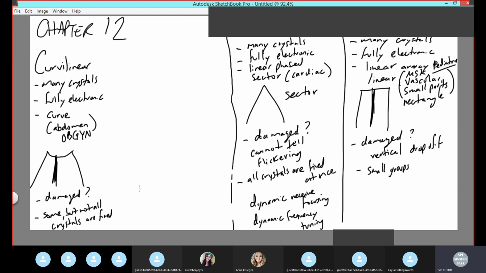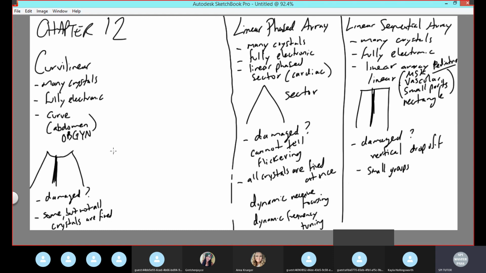I don't really think that you need to know this, but I'm just putting it out there. Okay. The big takeaway here is the name, what you use to scan, the image shape, and then that drop off if a crystal is damaged. That's the biggest takeaway here.